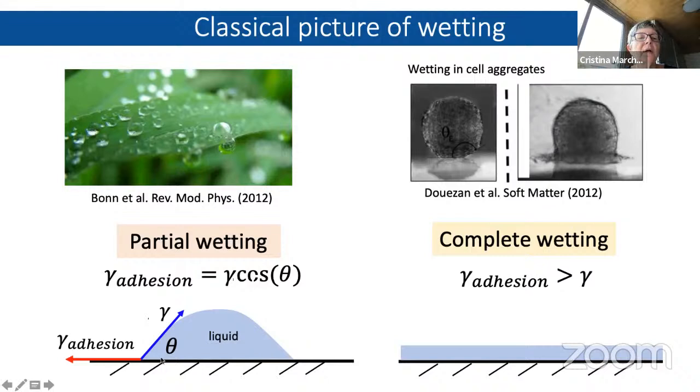When this angle becomes zero, when the adhesion forces exceed the tension between the liquid and air, you have what's called complete wetting. That's like oil in your frying pan, especially when you warm it up, that spreads and covers the entire interface.